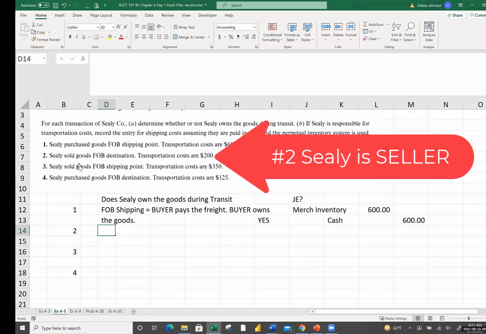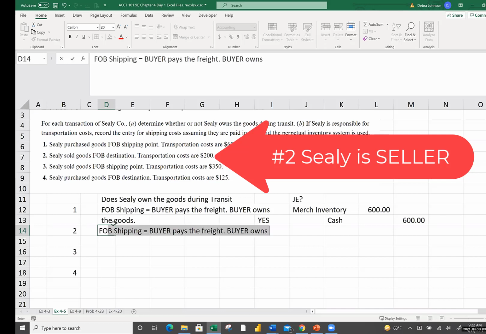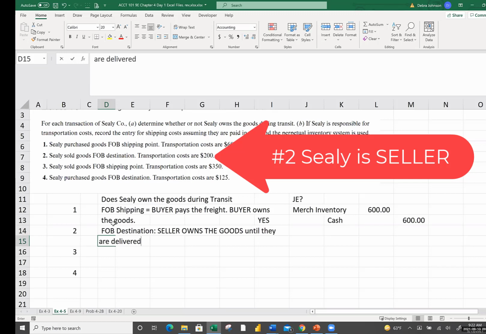So number 2 says, Sealy is now the seller. Sealy sold goods, FOB destination. Okay, let me write down what FOB destination means. The seller owns the goods until they are delivered to the buyer. So since Sealy is now the seller and the terms were FOB destination, does Sealy own the goods?